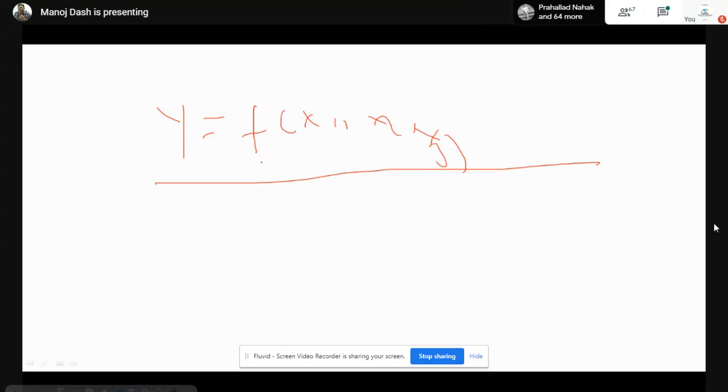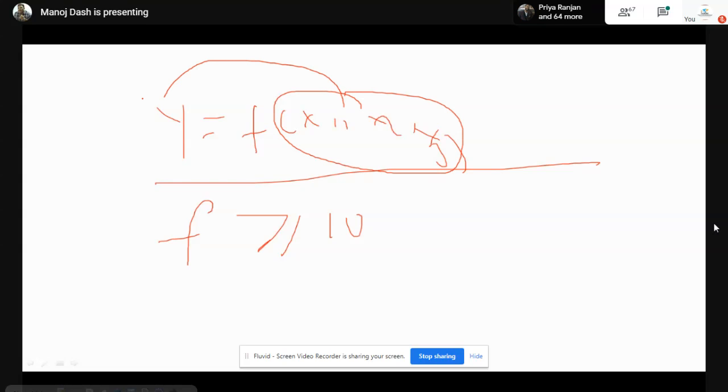Now, model fit means, as a rule of thumb, if F is greater than or equal to 10, it means all the independent variables which you have included in your study are fitted, or the model is best fitted. Clear?